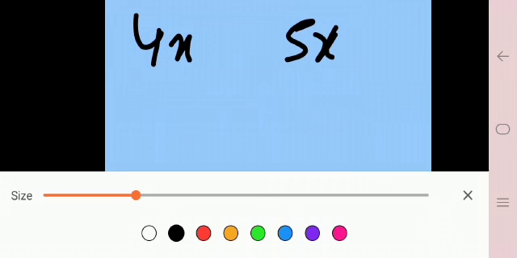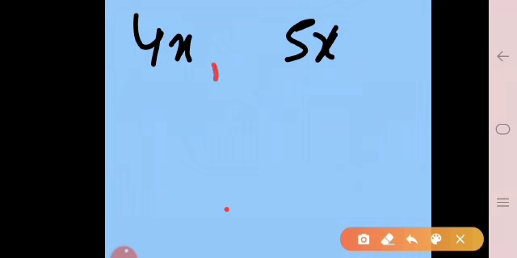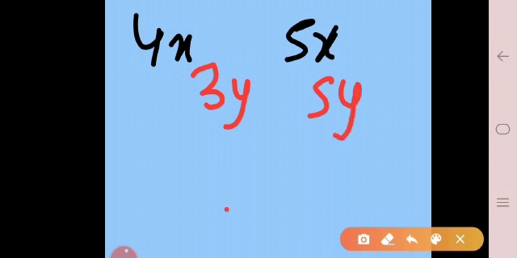For example, let's suppose I have 3 terms like 4x, 5x. Let's take 5 terms. Let's suppose if I have different color, 3y, 5y.